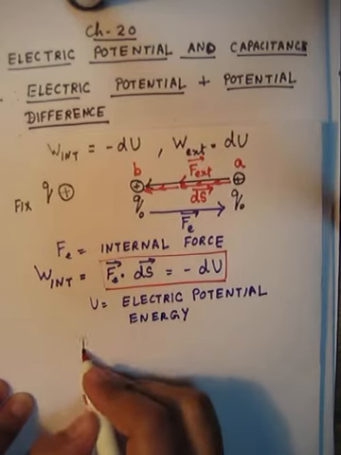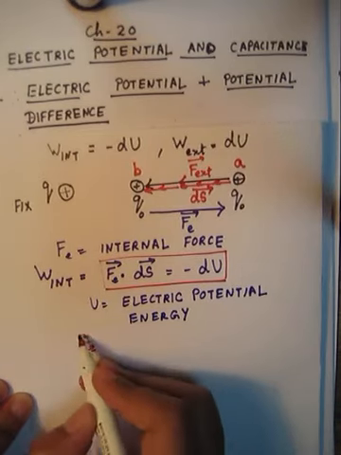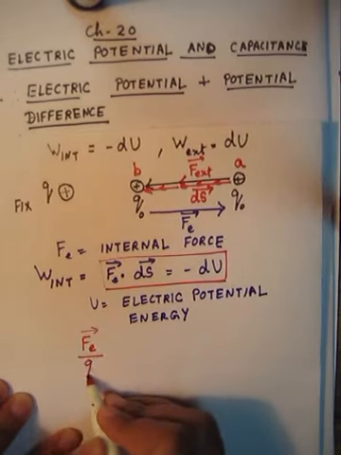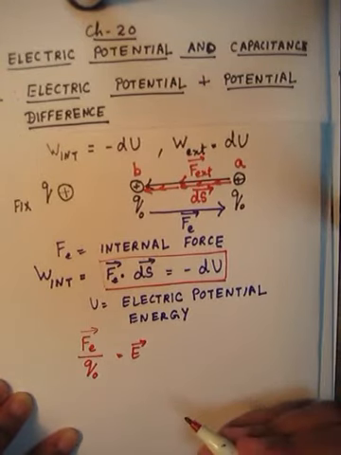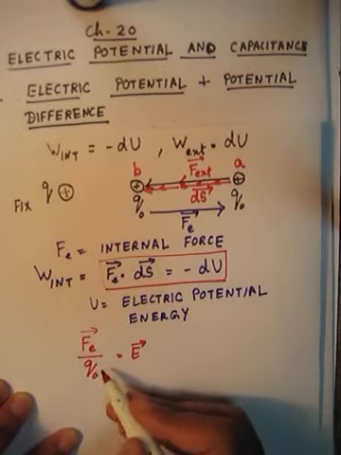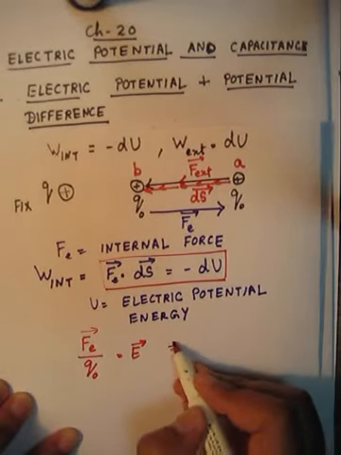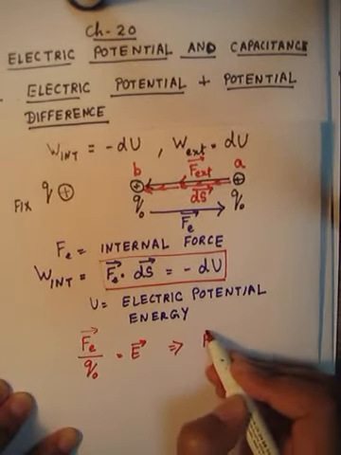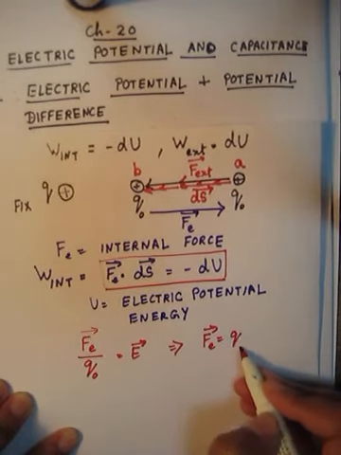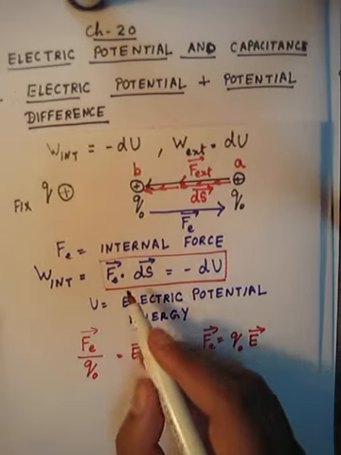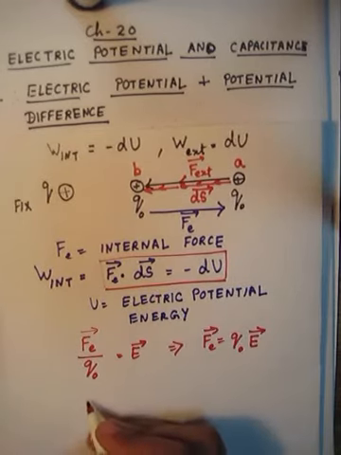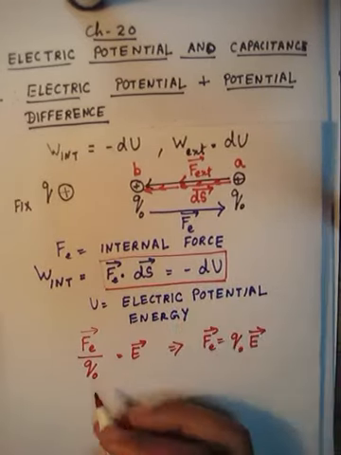We also know that the electric force per unit test charge is equal to electric field. So this implies that Fe vector is equal to q naught E vector. Let's replace it here and bring this negative sign to this side.